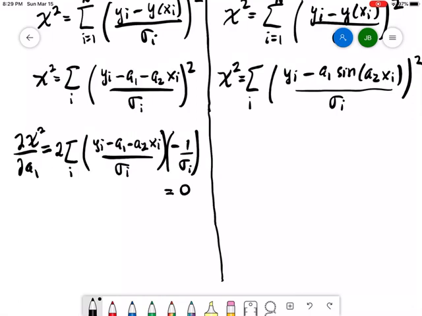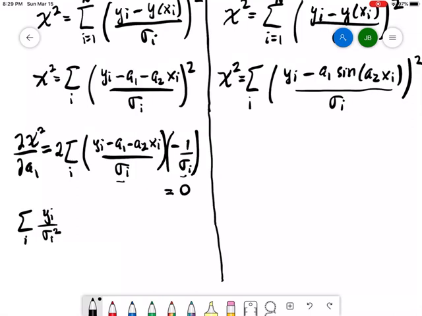So, for example, we have a yi over sigma i, and we get it squared, right? Because we have a sigma i and a sigma i over here. Okay, there's also a minus sign, so let's suppose we take this over to the other side where we had the 0, and we get rid of the minus sign.